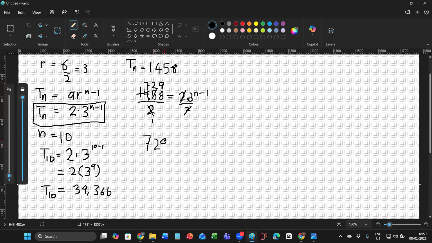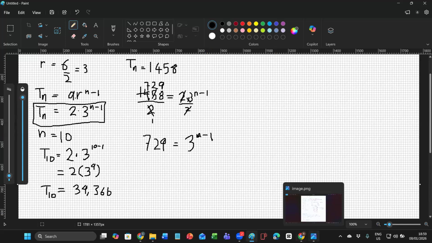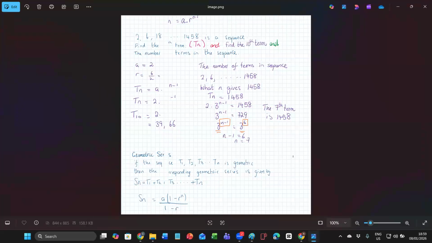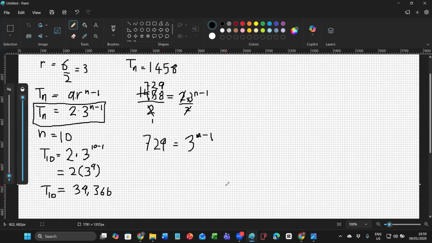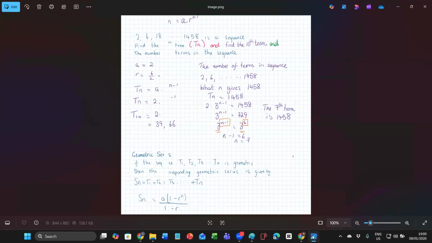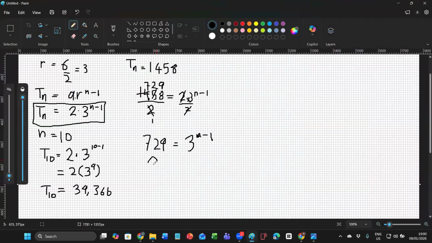Now, the idea is for us to express 729 as a power of 3 so that we can compare it to 3 raised to the power of n minus 1. 729 is 3 raised to power 6. And because they have the same base, the only implication is that n minus 1 must be equal to 6.